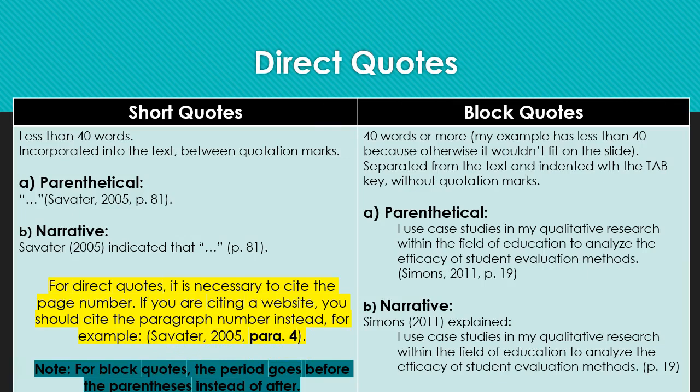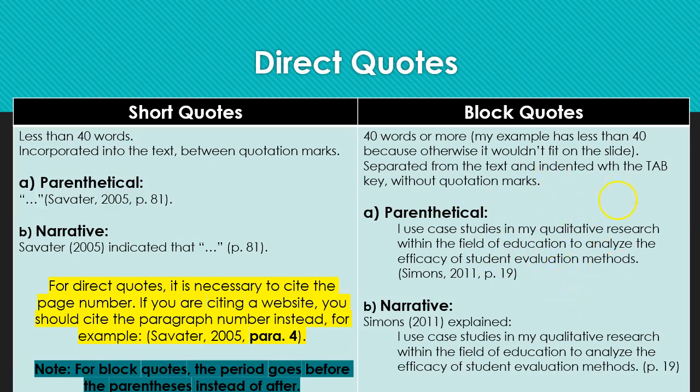Block quotes are similar. They're also direct quotes, exactly what the author said, but in this case, they contain 40 words or more. This one obviously had to have less so that it would fit on the slide, but imagine that this quote has 40 or more words, and it's exactly what the author said as well, but in this case, instead of using quotation marks, it gets separated from the text of the essay using the tab key.